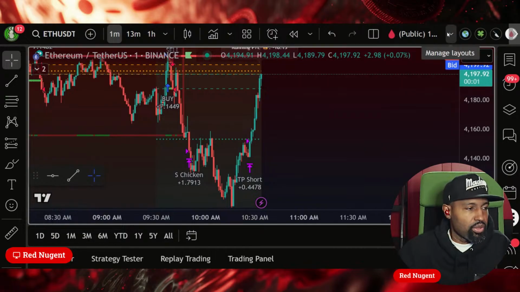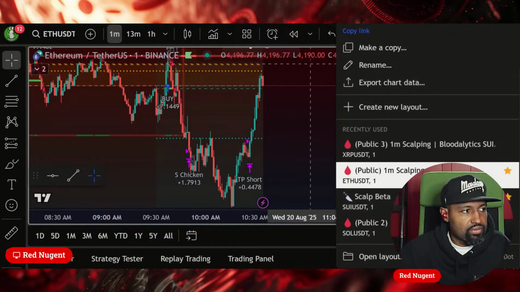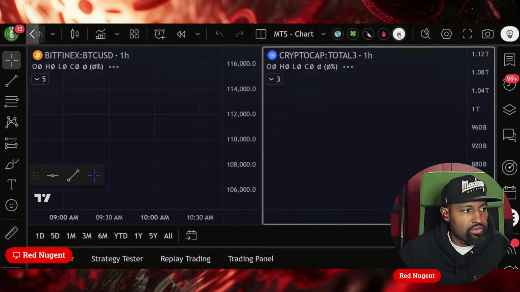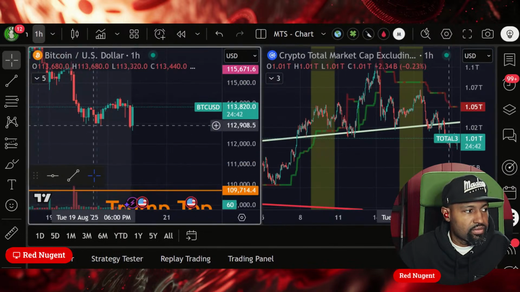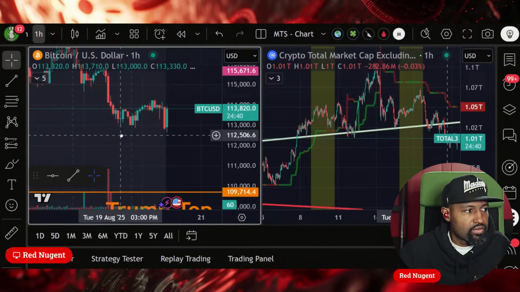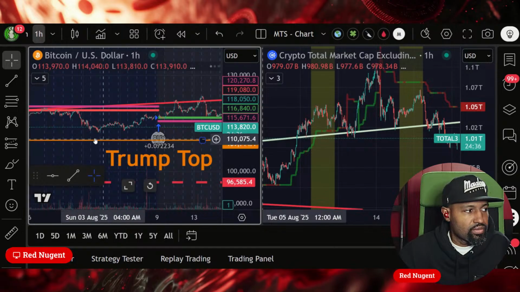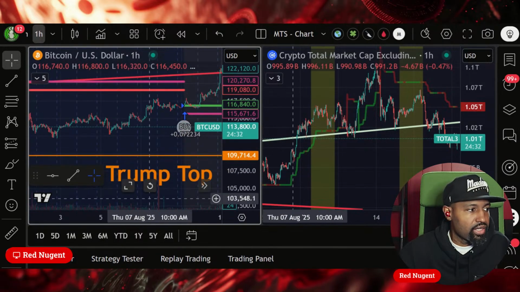So what I think is happening right now is that we're getting a little bit of buying pressure to defend that line I told you guys about. Right here. This line right here, guys.